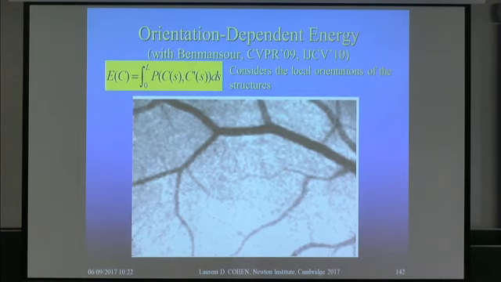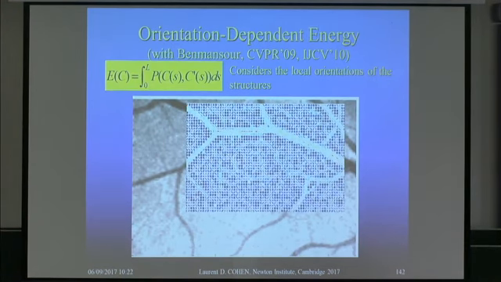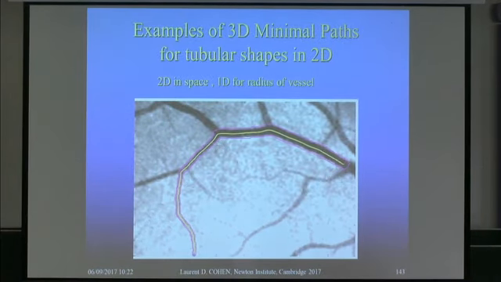So this can now be extended and applied to a real image. Here you have a real image of vessels, and the first thing, as I said, is to extract the local geometry, and locally it looks like that. And you see that along the vessels you have these ellipses that are more elongated, and then given a starting point and an end point, you get this 2D plus radius minimal geodesic according to the anisotropic metric.